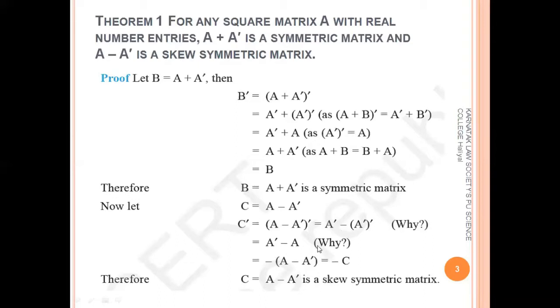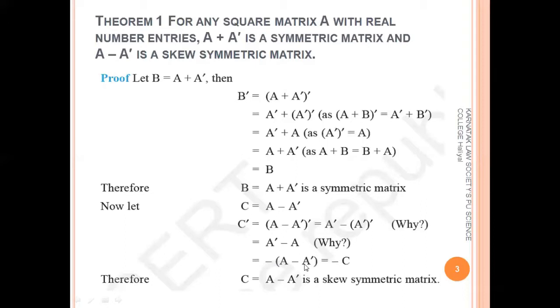Here we cannot write as we did above, A dash plus A equals A plus A dash, because the commutative law holds good for addition but not for subtraction. So we need to take minus as common and write first A minus A dash. Why? Because here minus A, and in the upper side minus A is there, so minus of minus becomes plus.